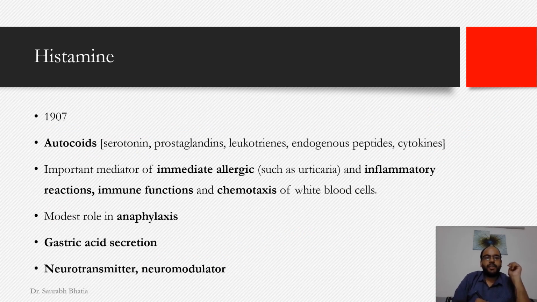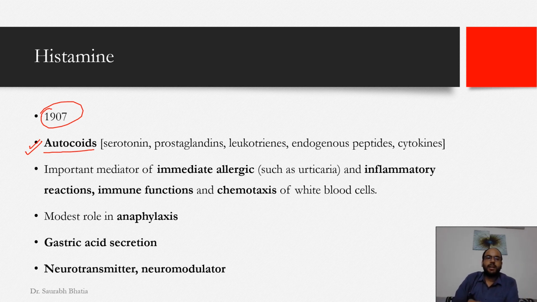Before understanding antihistamines, we must understand what exactly is histamine. So we'll have a short introduction about histamine. Histamine was discovered in 1907, and it comes from the class of chemicals known as autocoids. So what are autocoids?